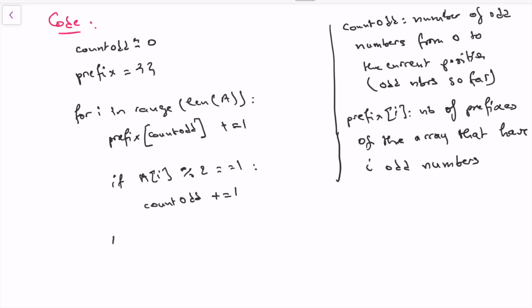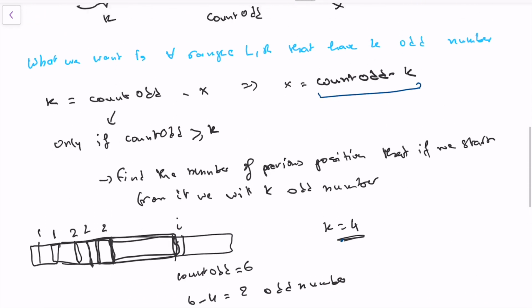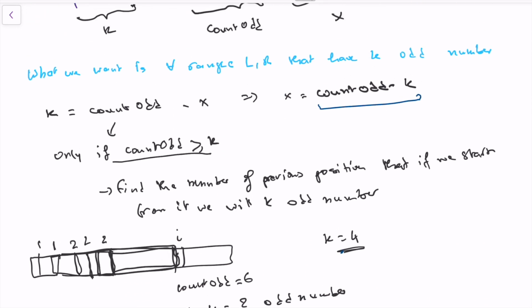And then when we reach, as I said here, a count that is bigger or equal to k, that means I need to count all the previous starting positions of the array, ending at position I, that may give me k odd numbers.